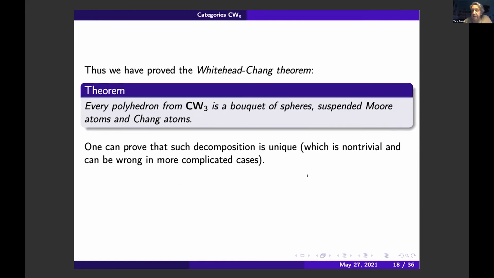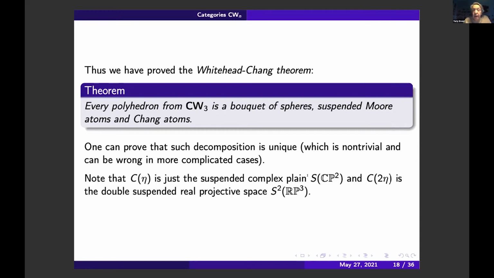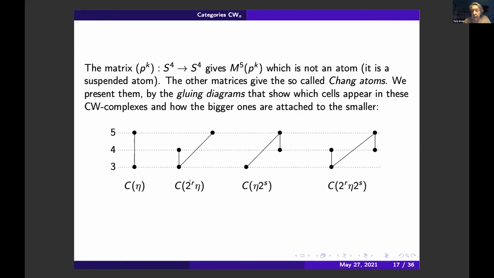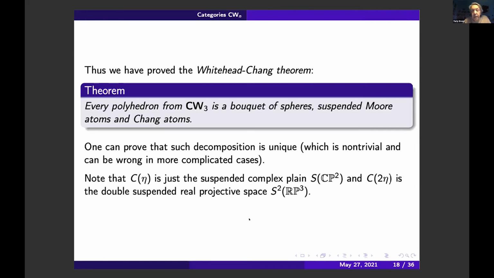One can prove that such a decomposition is unique, which is non-trivial and can be wrong in more complicated cases. And I must note that C_eta is just a suspended complex projective plane, and C^2_eta, this one, where r equals 1, is the double suspended real projective space.